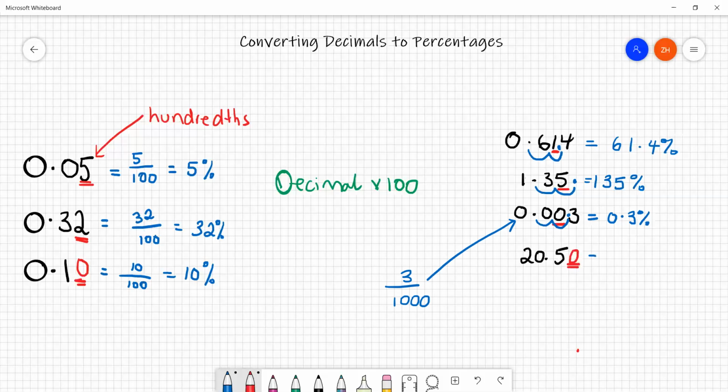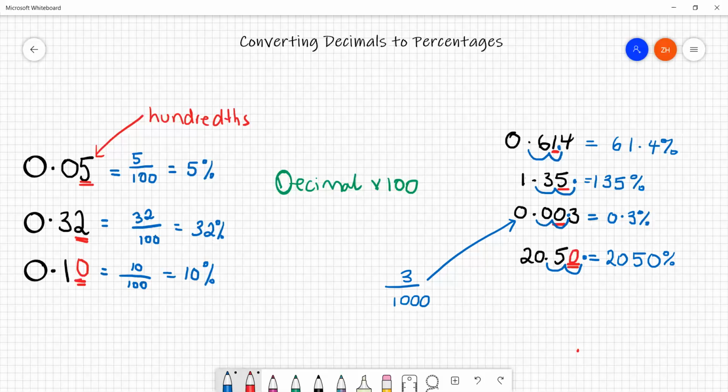And with this last one, we're going to take the decimal point and move it 2 places to the right, and we've added in an extra placeholder 0 there. We'll put the decimal place down, and we're going to end up with a nice whole number for this one. That's 2050%. So for every 1 whole, we've got 100%. 20 times 100 is 2,000, so that's why we've got 2050.